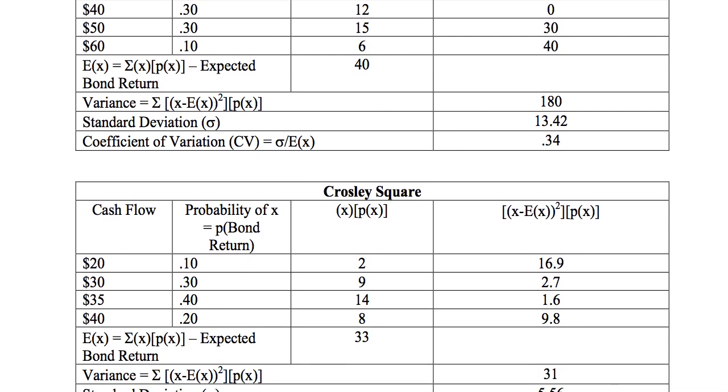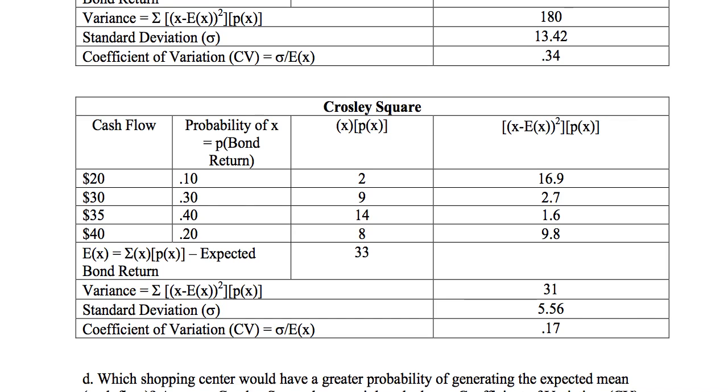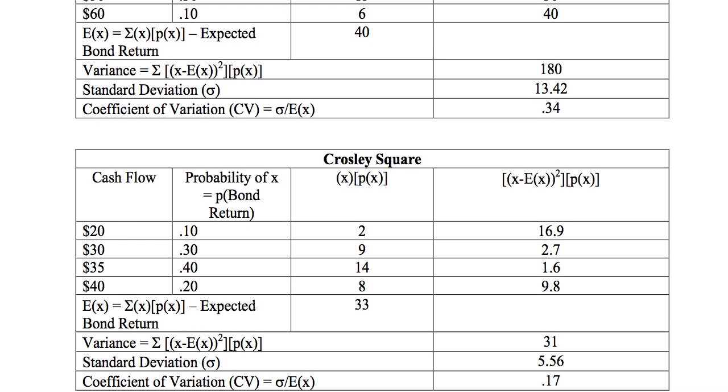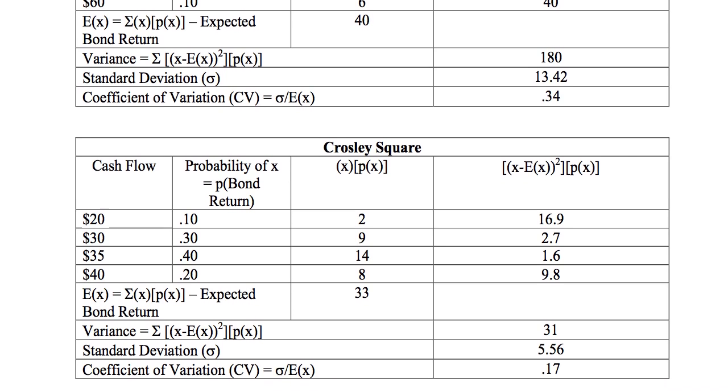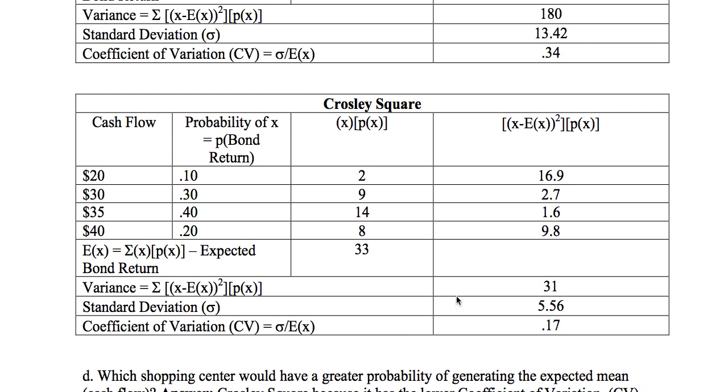If we look at Crosley, we'd go through the same mechanics, the same computation, and in this case the expected return is 33. I would go through, determine the variance, determine the standard deviation, and determine the coefficient of variation, which is 0.17.